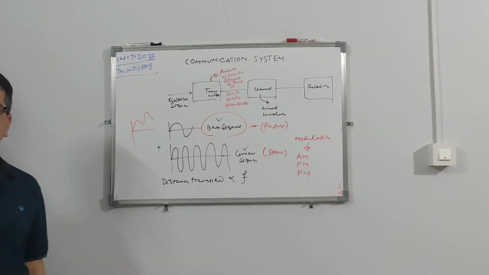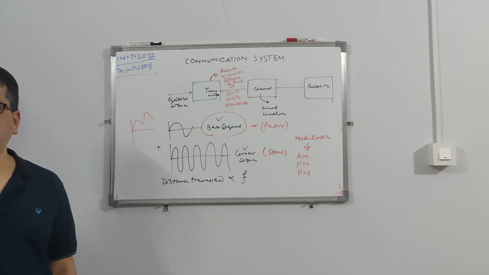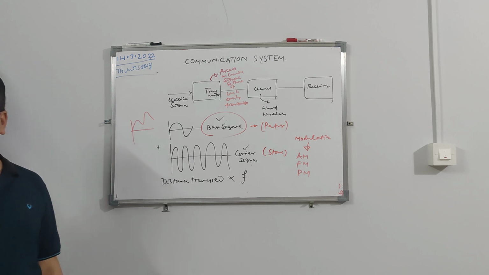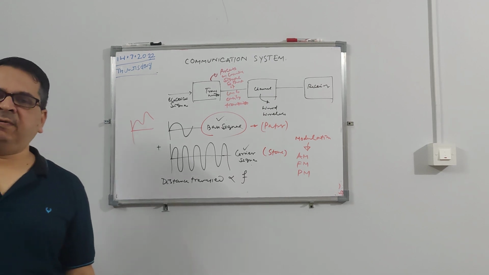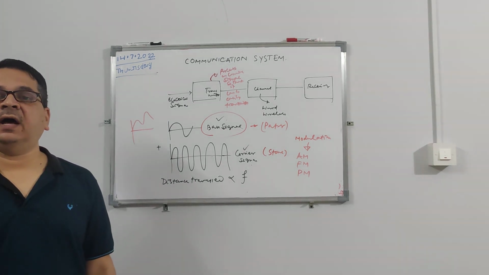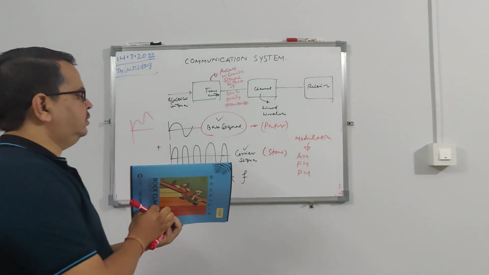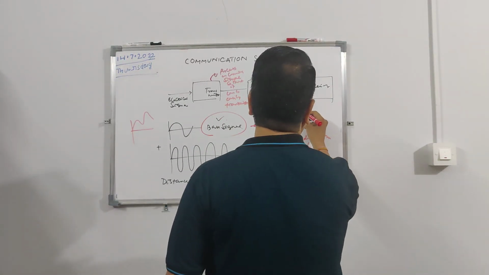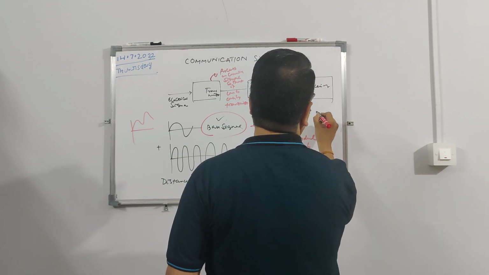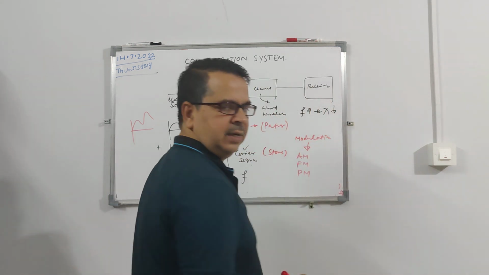When the frequency increases, the size of the antenna will decrease. When the frequency increases, the wavelength decreases, and the size of the antenna is nothing but lambda by 4. Suppose the frequency of that electromagnetic wave increases, that implies the wavelength decreases.